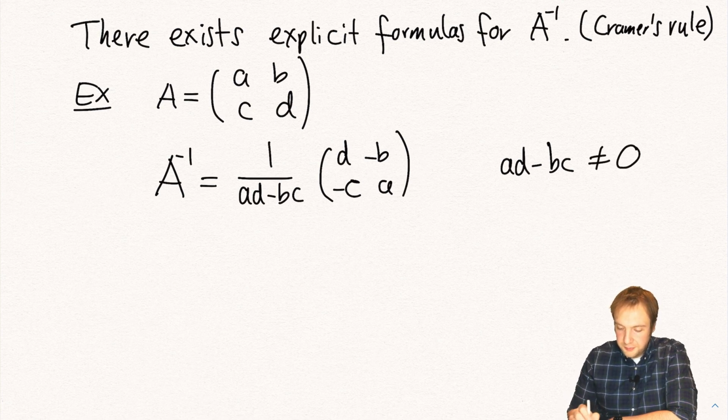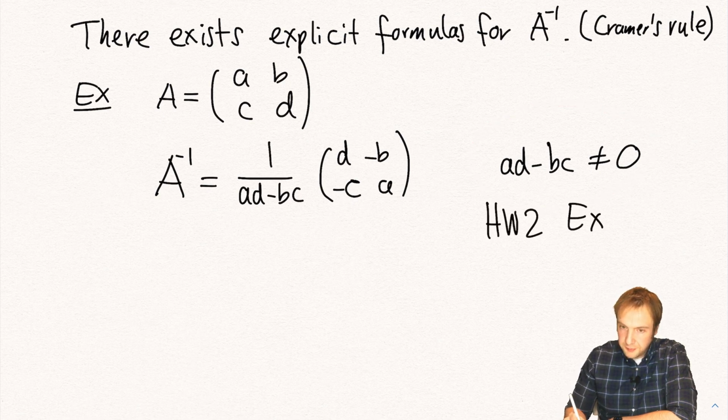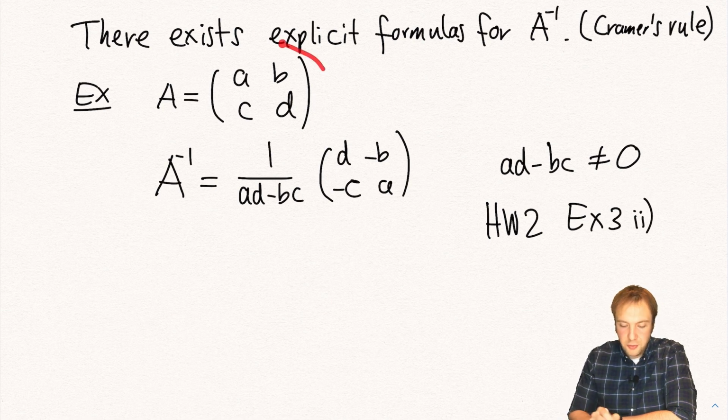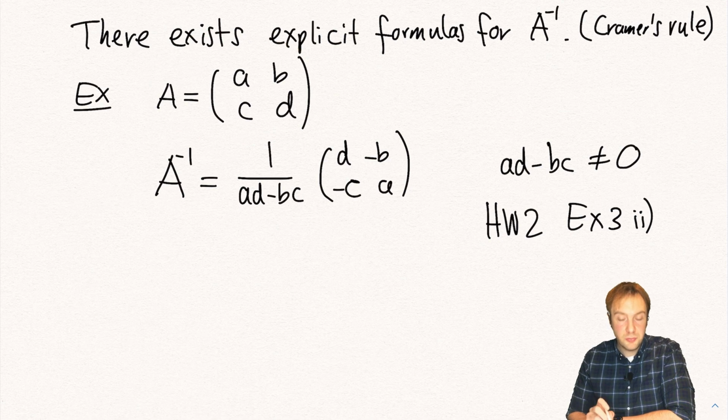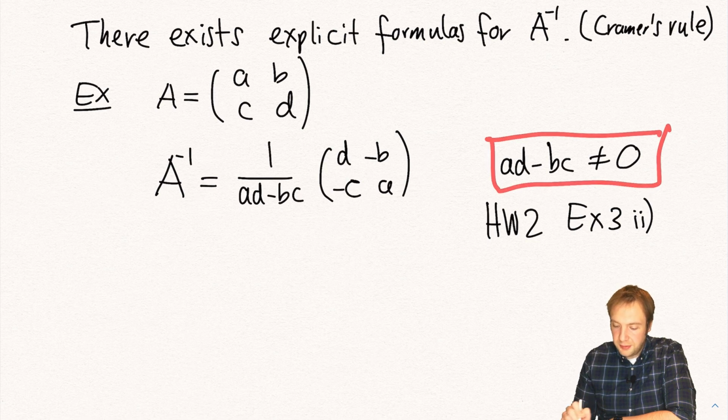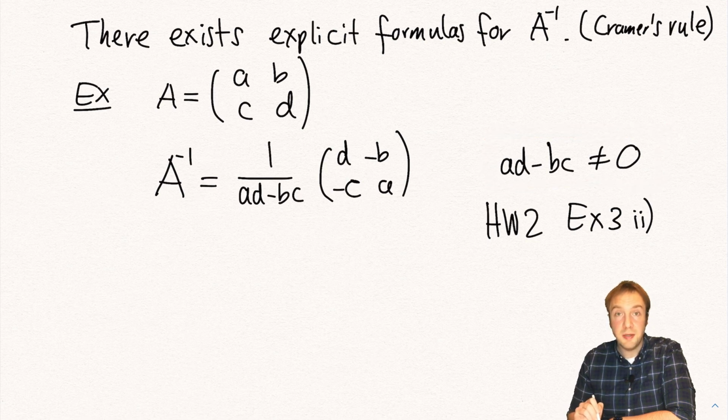And this makes sense because in homework 2, exercise 3.2, you showed that a 2 by 2 matrix has rank 2, meaning the row-reduced echelon form in this case is exactly the identity matrix, if and only if this AD minus BC is not 0.